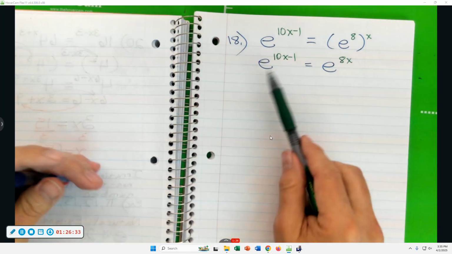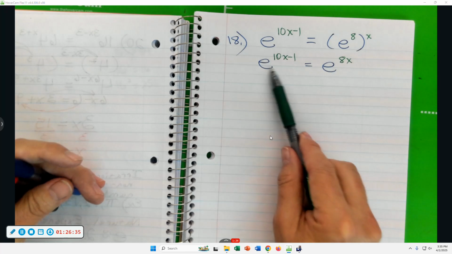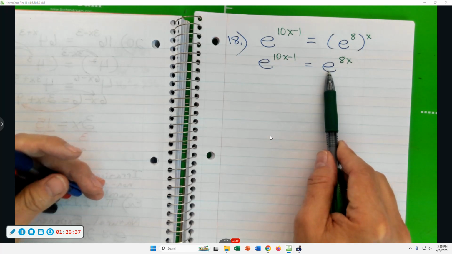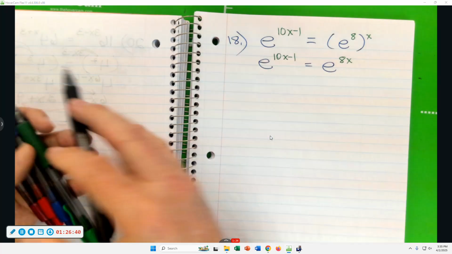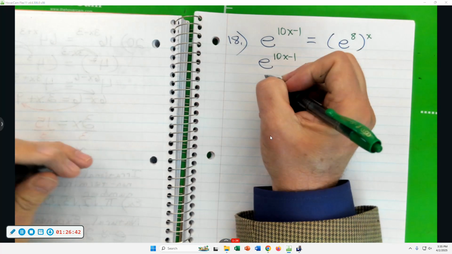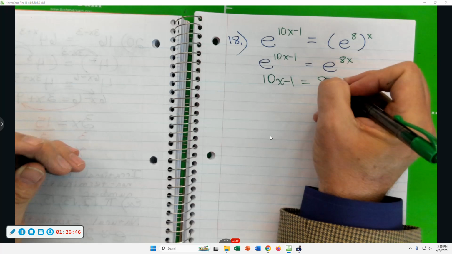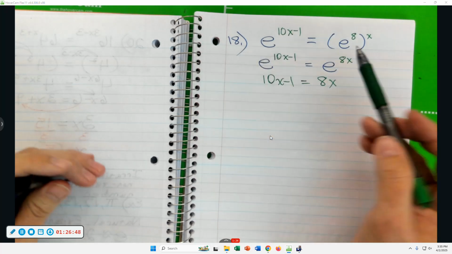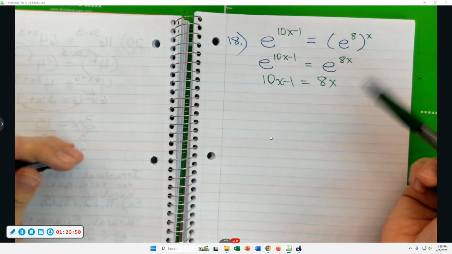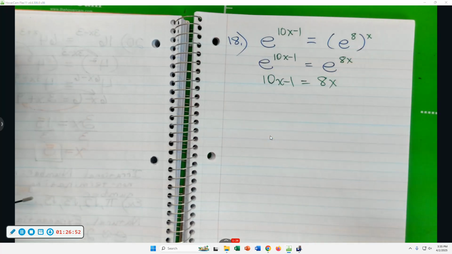And now we have the same base on both sides. We drop the base and just set the exponents equal. It couldn't get easier. If you have an e as a power on one side, you better have an e on the other side. Otherwise, you cannot get a common base.